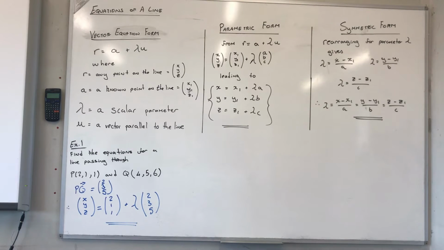That is what the parameter allows for: it allows us to calculate for whatever point we're using. Then, taking that onto the parametric form, I can convert the vector form into the parametric form.